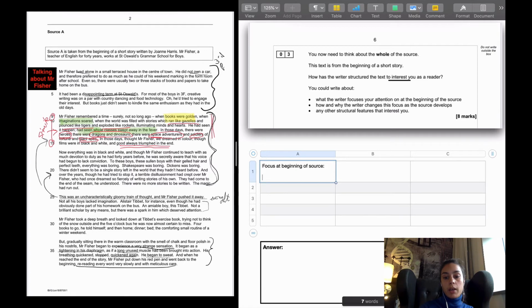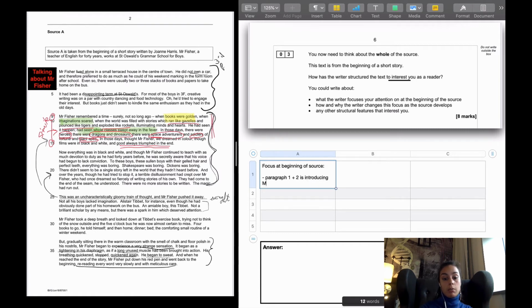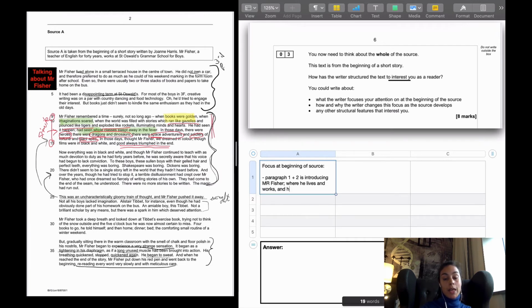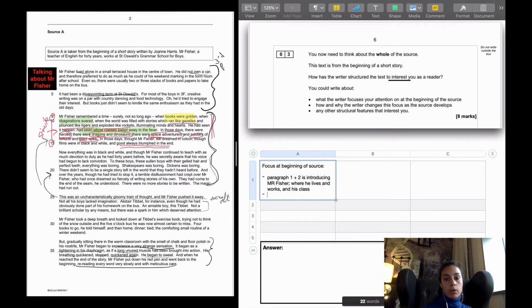So we know that paragraph 1 and 2 is introducing Mr. Fisher, where he lives and works, and his class. Easy peasy. And you can use quotes. I highly recommend quotes.